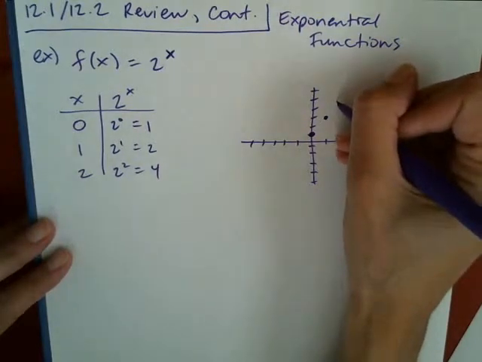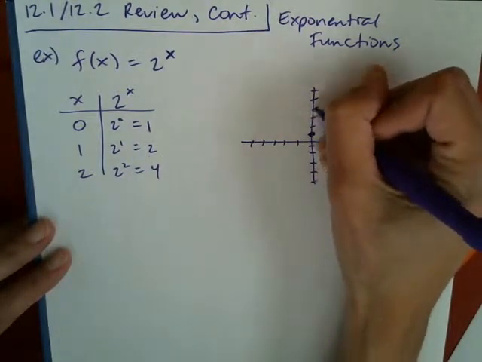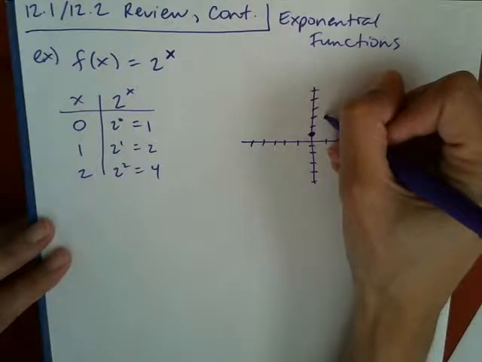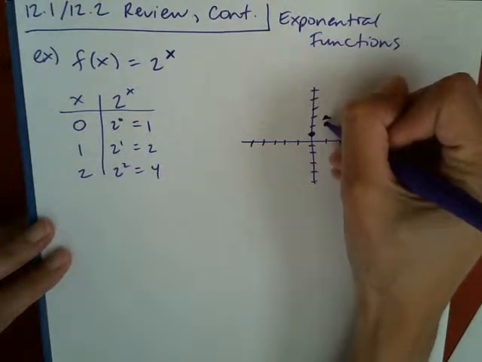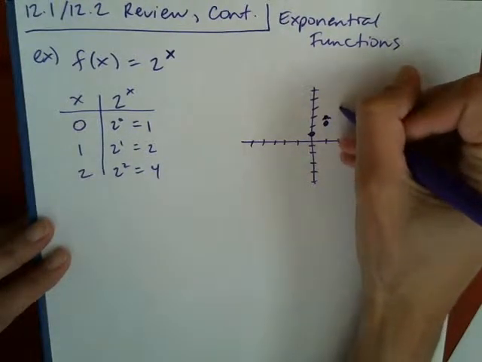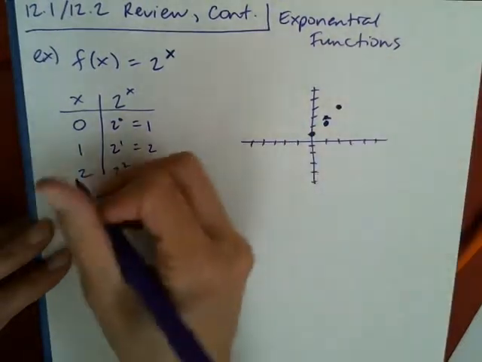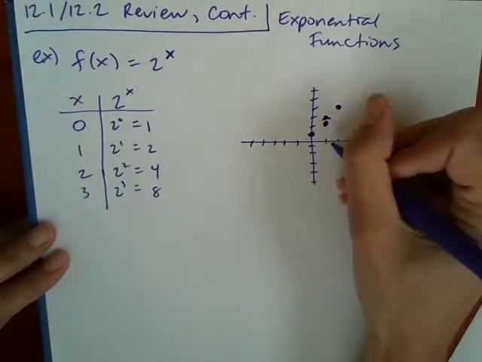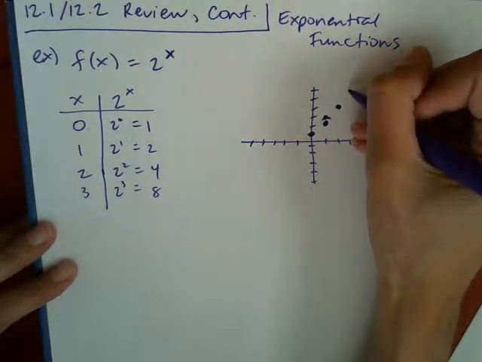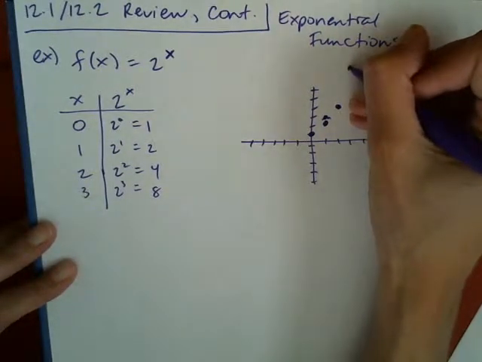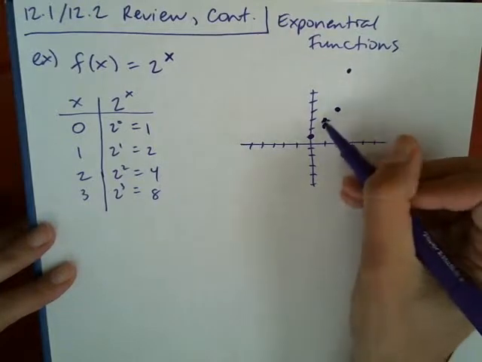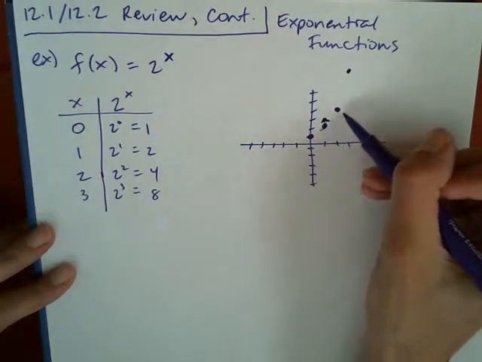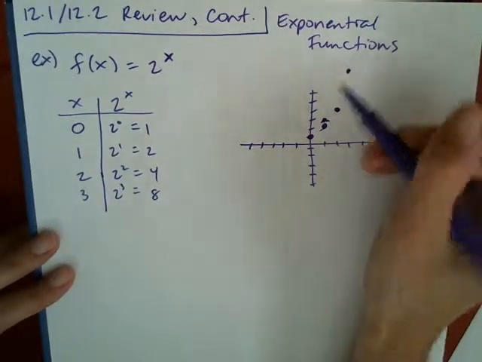Oh, I see, I put this one in the wrong spot, so I'll move that one there. Then 2 cubed is 8, and I'm already off the chart, so I'll just kind of eyeball it. You can see how it's just increasing very, very quickly.